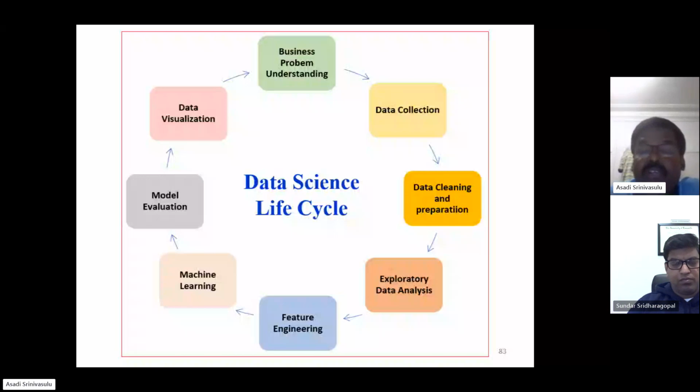Then finally data visualization, where we generate reports like pie chart, bar chart, line chart, scatter plot, etc. So up to this point, I have covered the fundamentals.